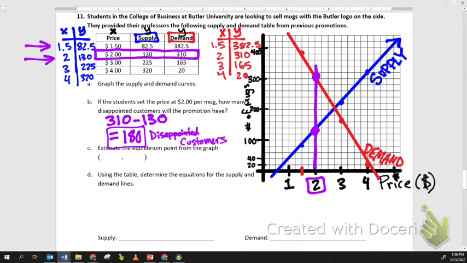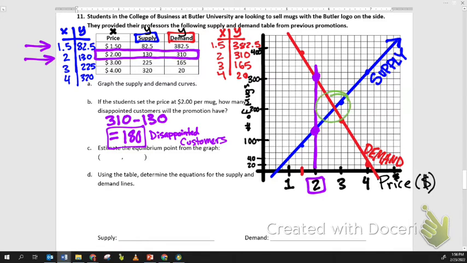Then part C tells us to estimate the point of equilibrium from the graph. So what does the point of equilibrium look like on a graph? Yeah, it's that middle part where they're intersecting, where the lines are crossing.